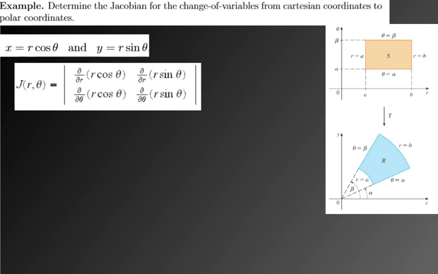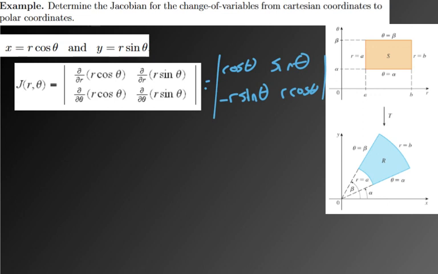So first we got to get all the partials. Partial of r cos theta with respect to r is cos theta. Partial of r sine theta with respect to r is sine theta. And then partial of r cos theta with respect to theta is minus r sine theta. And then partial of r sine theta with respect to theta is r cos theta.